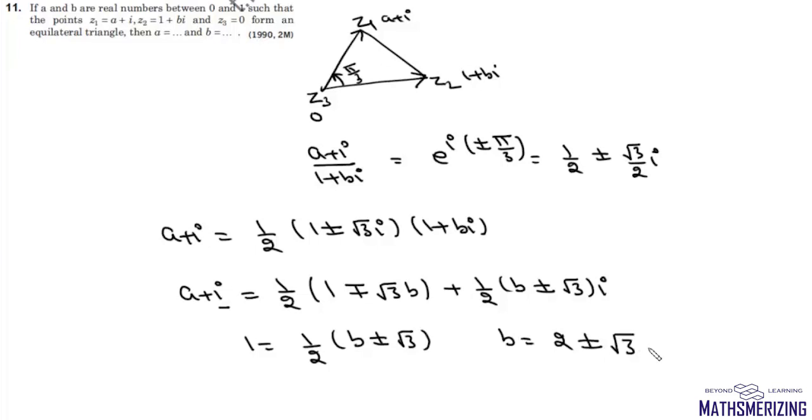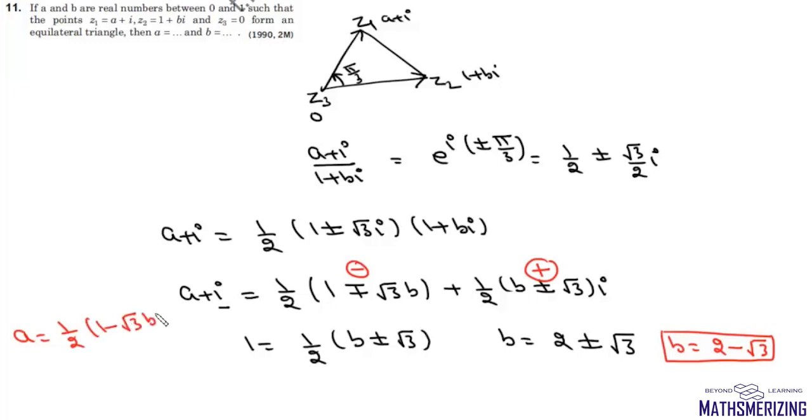Now it says a and b, they both lie between 0 and 1. So we cannot take plus sign. So from here we can say value of b is 2 minus root 3. So here we have taken this plus sign, and if it is plus here, it will be minus here. Now we compare its real part, we can write a equals 1 by 2 (1 minus root 3 b).